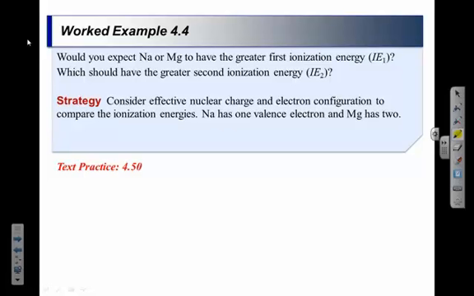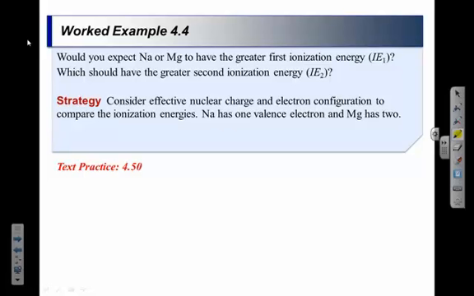What about the second ionization energy? Which of those two will have a higher second ionization energy? The answer will be sodium, right? Because the second ionization energy is the energy it takes to knock a second electron out. So I've got to compare the Na, which already had 1 knocked out of it, which will have 10 electrons, versus the magnesium already having 1 knocked out of it, which would be 11.